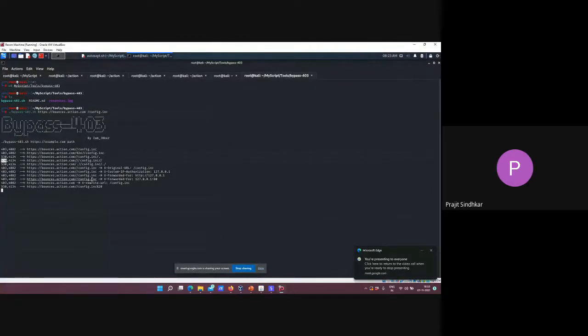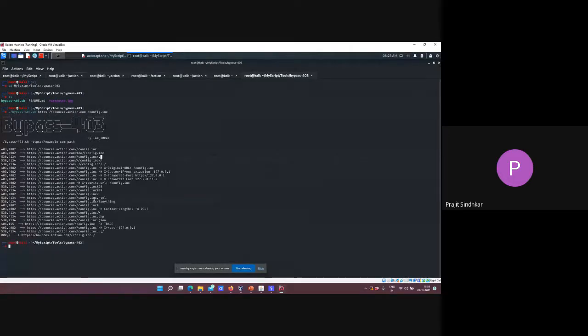So these are different methods that you can use to bypass, like double slash, percentage 2e, config.inc double slash, and this. Okay, these are all methods. Rather than trying them manually, they are all tried by this bash script. They all test it one by one.